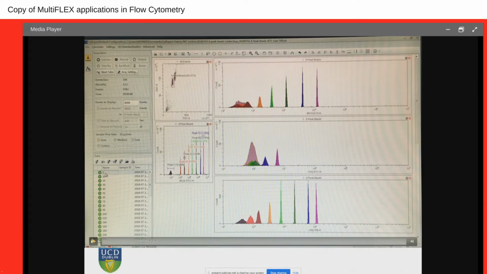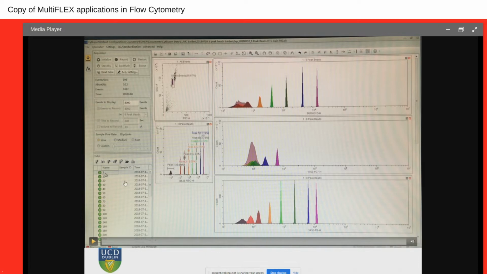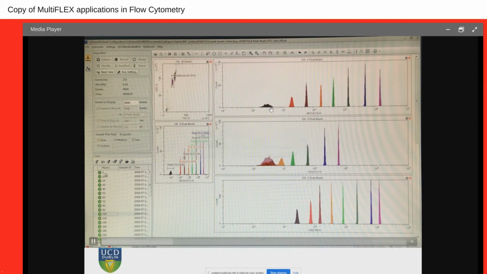So what I will do is I will play, and this will be an animation of how they're changing when we are increasing the gains. And what you will see is that these peaks, as soon as we start to increase the gains, they start to separate. You will see them in these ones at different points on the gain. So there we go. You can see how they're increasing. Now look at these ones.